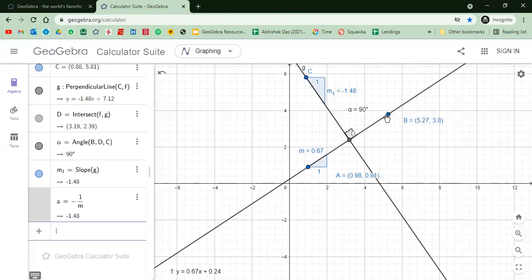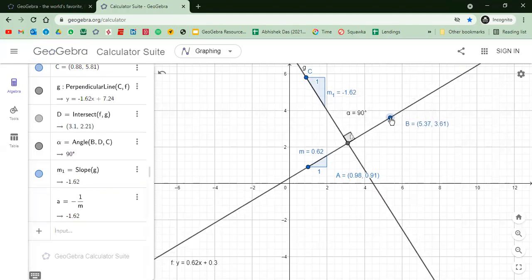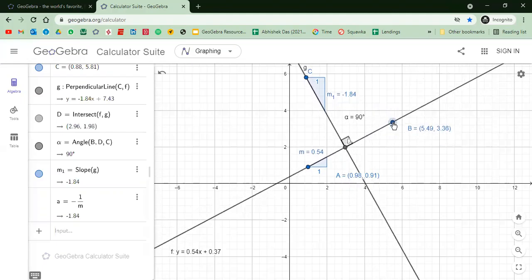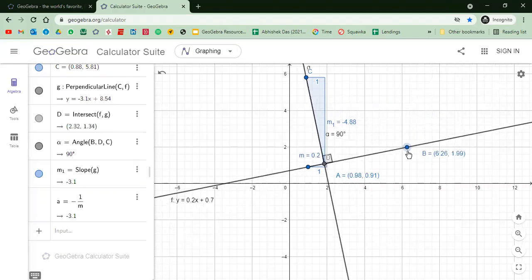So you can change the slope out here, and you'll see that the negative reciprocal of the slope of the parent line is equal to the slope of the perpendicular line.